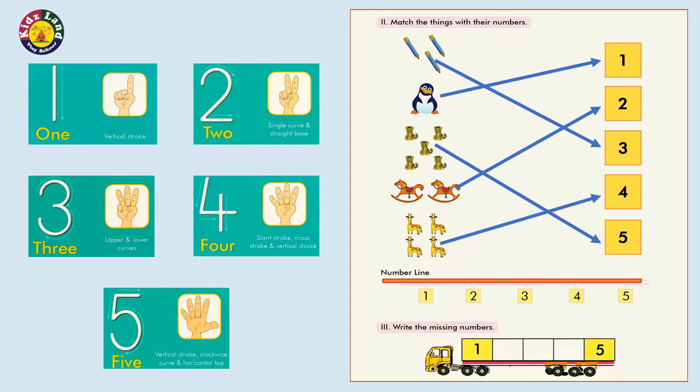So starting from 1, tell me the numbers. It is 2 and then it is 3, and then it is 4. We are just writing the numbers. It's an activity for simply filling in the missing numbers. Fill in the blanks. That's all. In the blanks, why are we writing 2, 3 and 4? Because we start with 1 in the number line, write 2, 3 and 4 and end up with number 5.